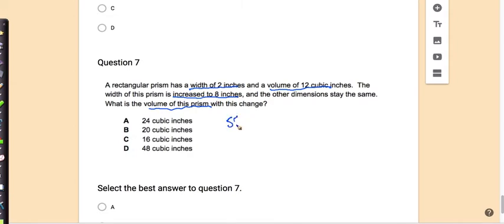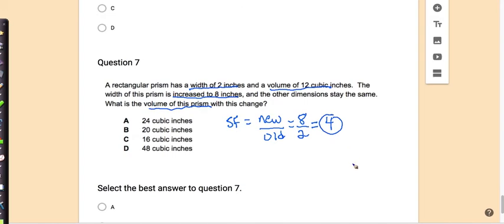So scale factor equals new over old. So what's the new width? 8. What's the old width? 2. And what's 8 divided by 2? 4. So that means that the width quadrupled in size. The width got multiplied by 4.